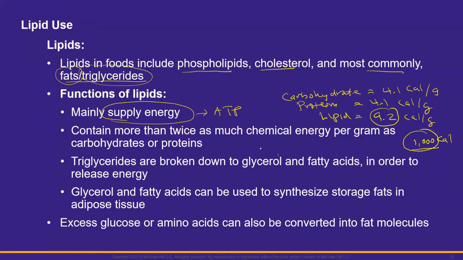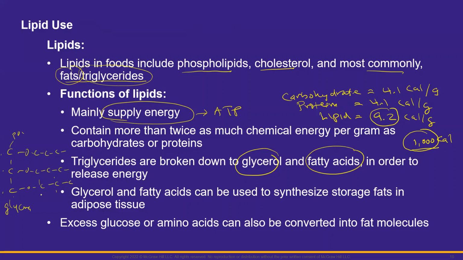Triglycerides are broken down into glycerol and fatty acids in order to release energy. This is the structure of a triglyceride. It has one molecule of glycerol, and this glycerol binds with three molecules of fatty acid.